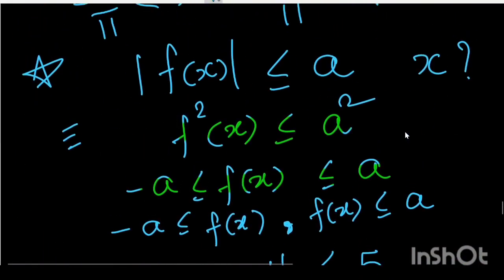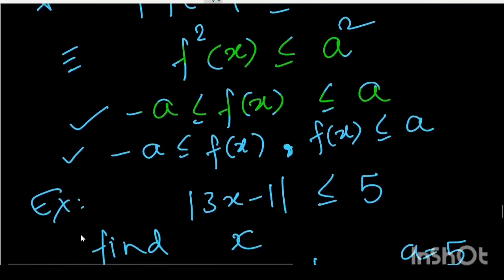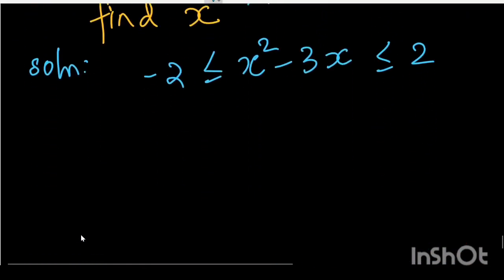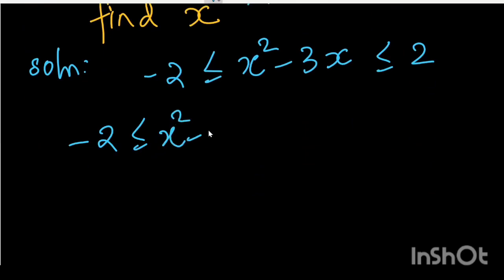Mod f of x less than or equal to a, so f of x from minus a to plus a we can directly write. In the next step, we can again split it into two inequalities and take their intersection. So minus 2 less than x square minus 3x, comma.